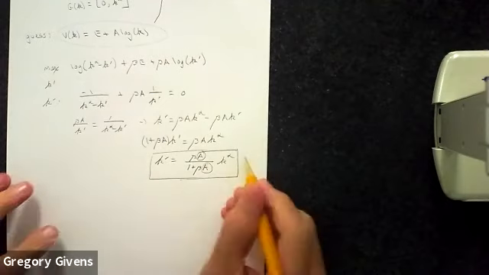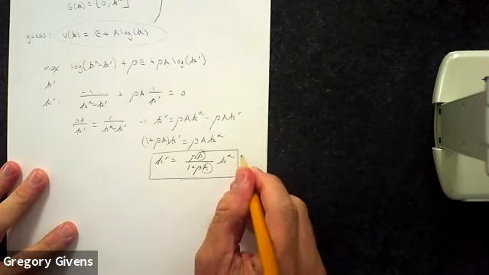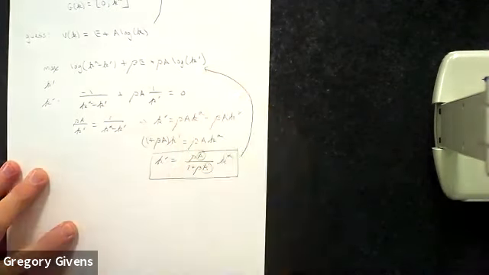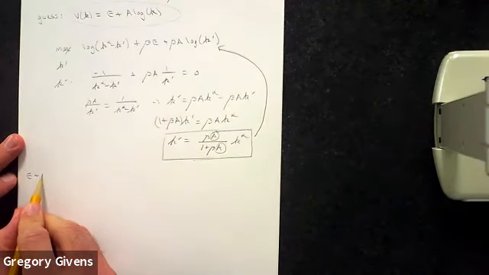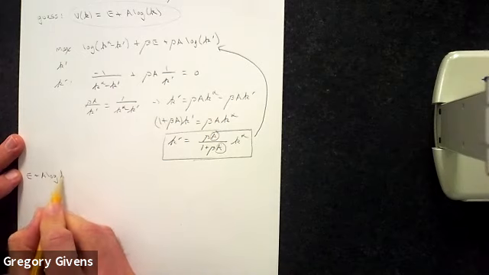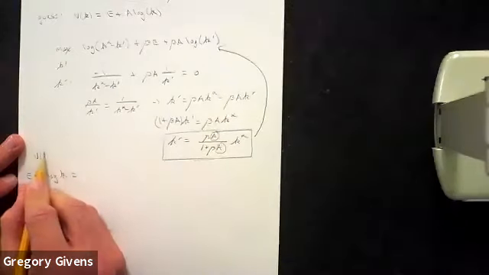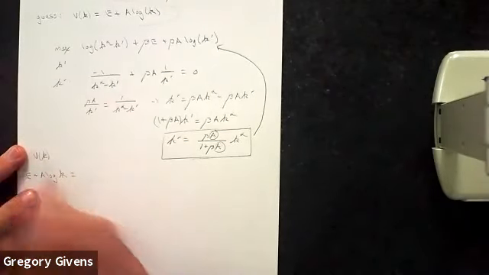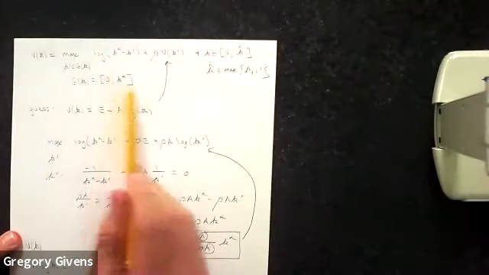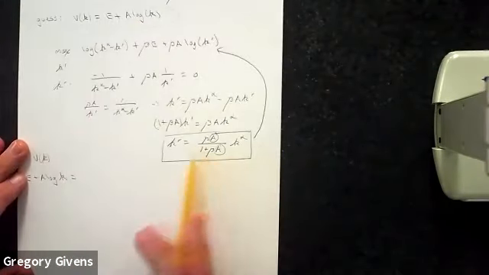Well, what you want to do is substitute your solution for k prime back into the Bellman equation and match coefficients, right? So remember, the value function is e plus a log k. That's v of k, right? What should v of k be equal to? It's the maximized value of the right-hand side. So just plug your solution for k prime back into the right-hand side, and you get the log of k to the alpha minus k prime.